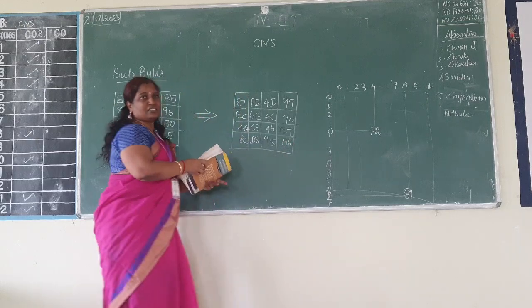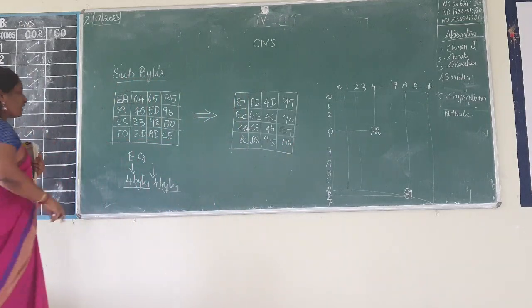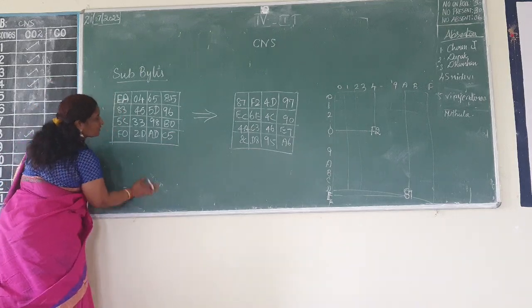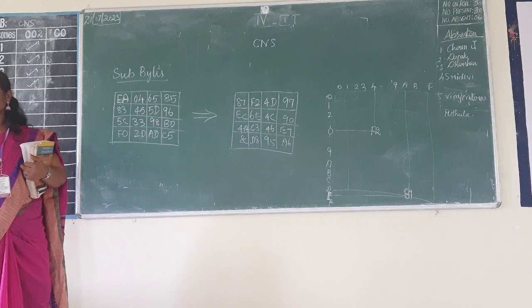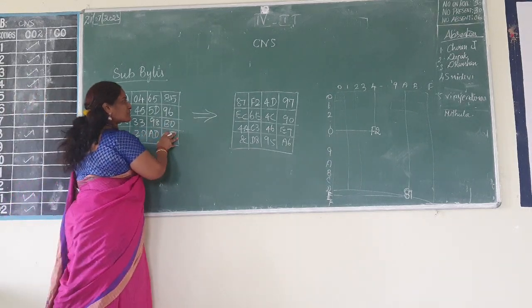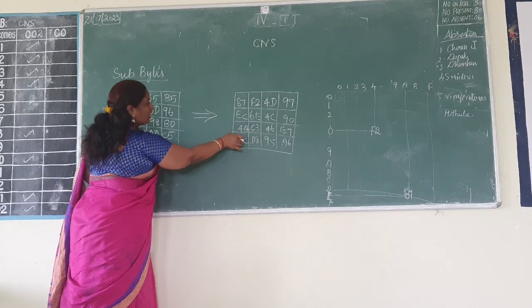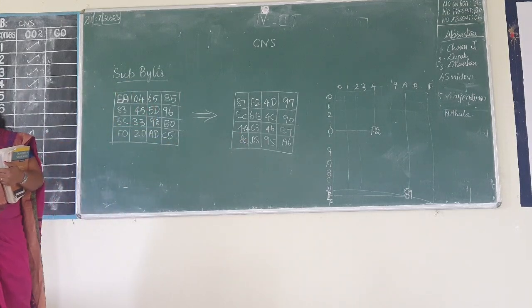So this is the entire output after the substitution bytes. Now for the shift rows, this table will be considered as input. So the input for the substitution bytes was the earlier table, the output of substitution bytes is this table.